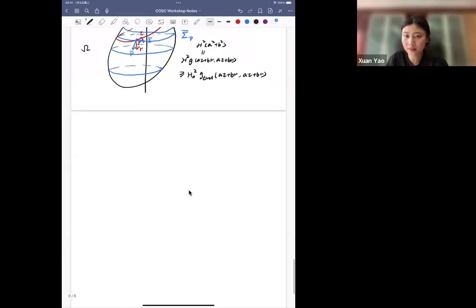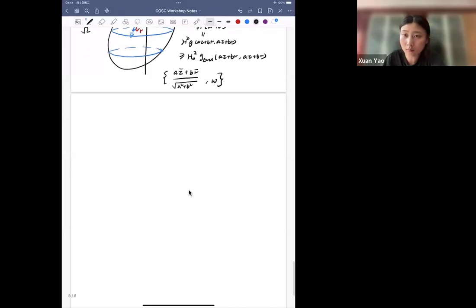And now we just choose the orthonormal basis for the boundary of M in Euclidean space as a tau bar plus b nu bar over square root of a squared plus b squared and another W. Okay, this is fine.